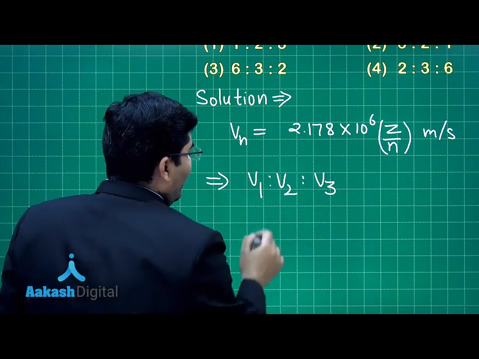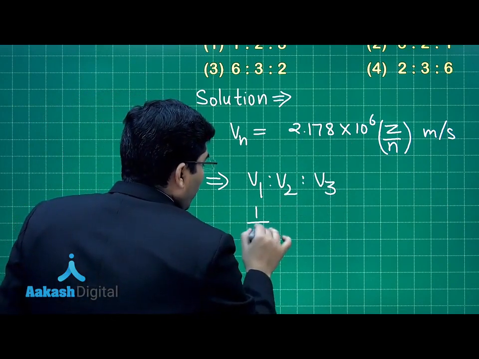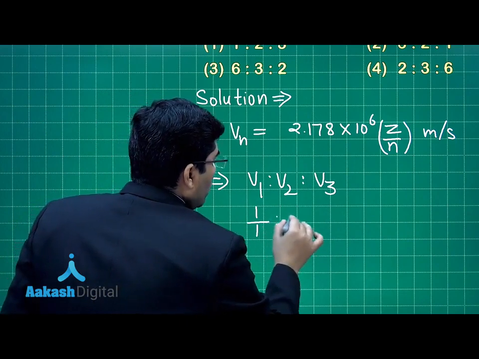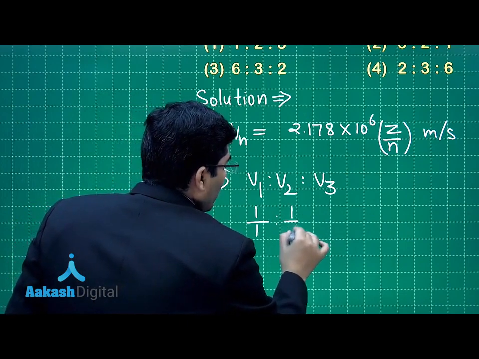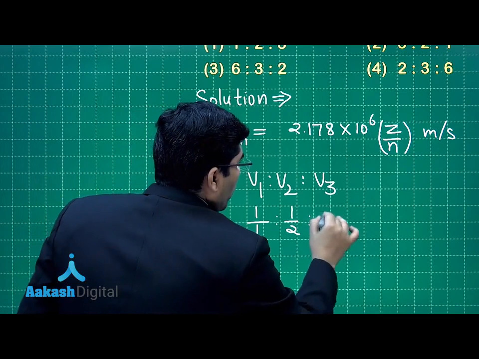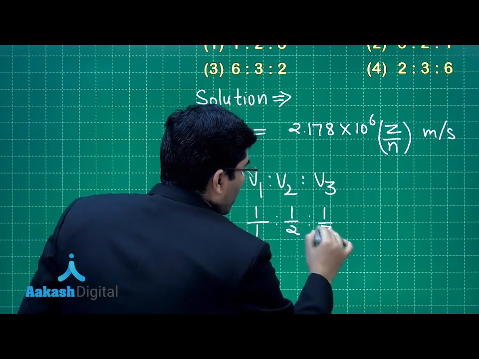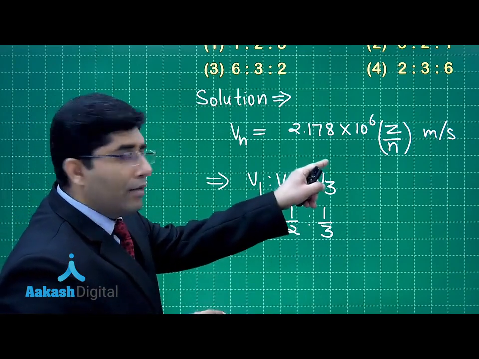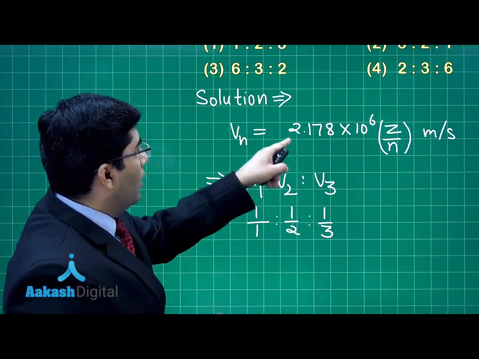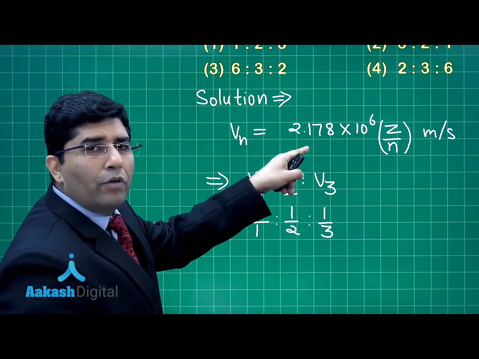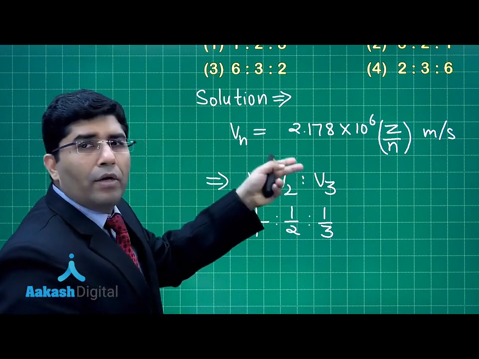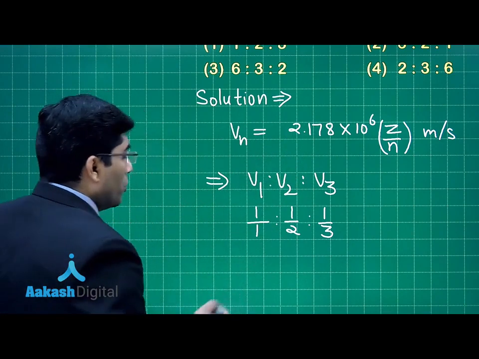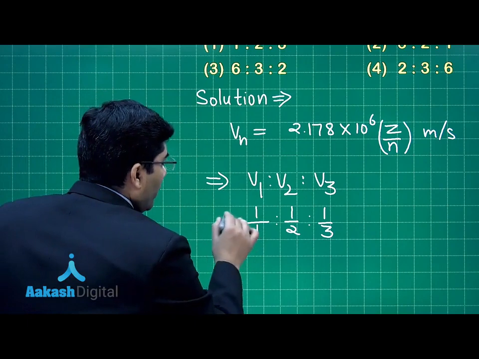Therefore, we will write it here 1 by 1 is to 1 by 2 is to 1 by 3. So what we are doing? We are changing the value of n. Z is constant here and 2.178 into 10 to the power 6 is already constant. So we have to find out the value.